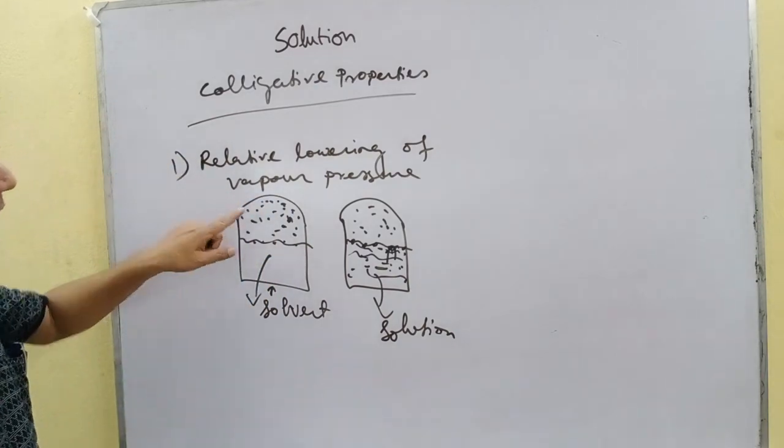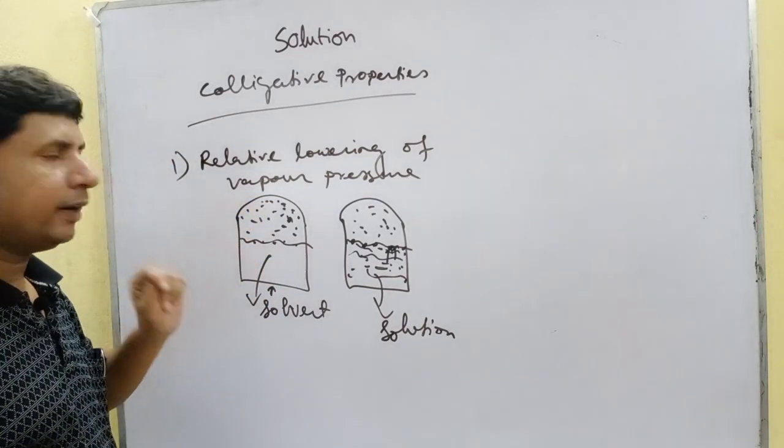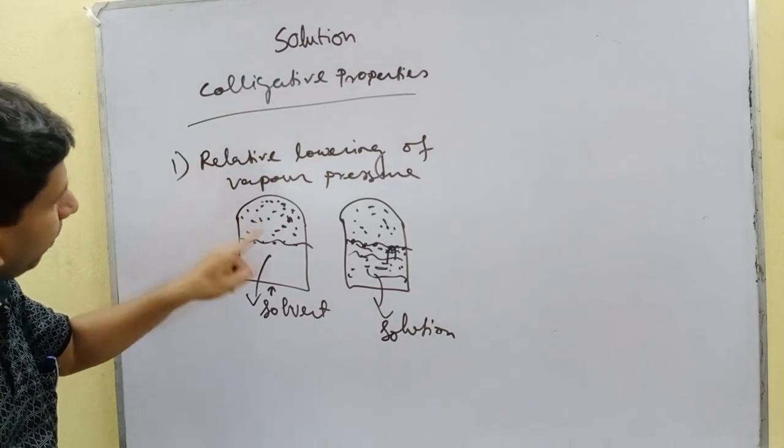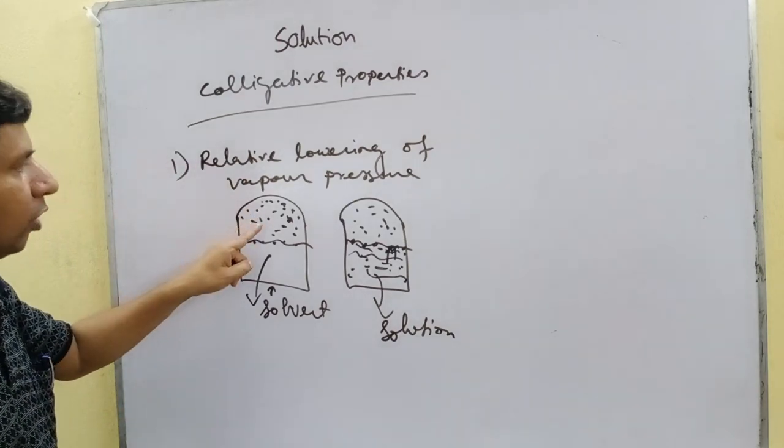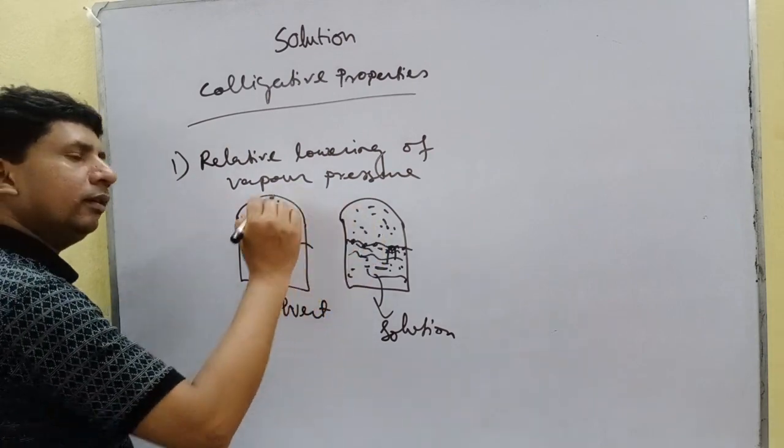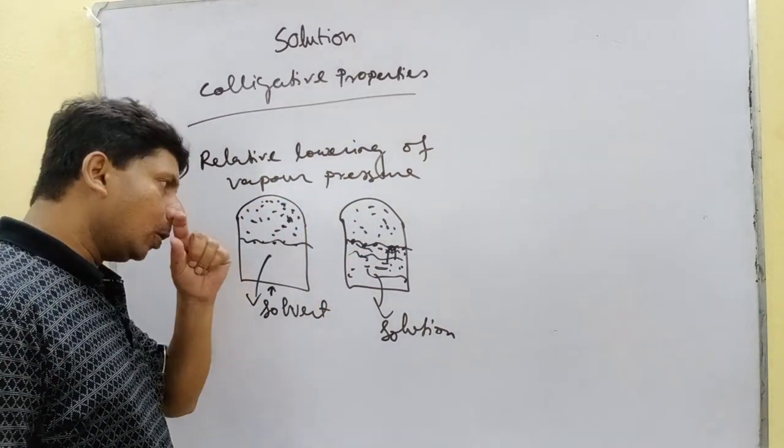So the number of vapor particles in pure solvent is high, hence the vapor pressure of the pure solvent is higher than the vapor pressure of the solution.